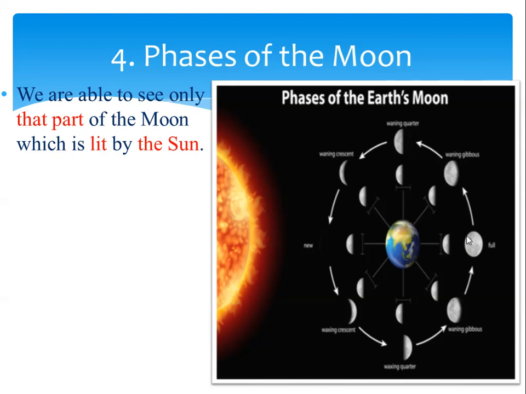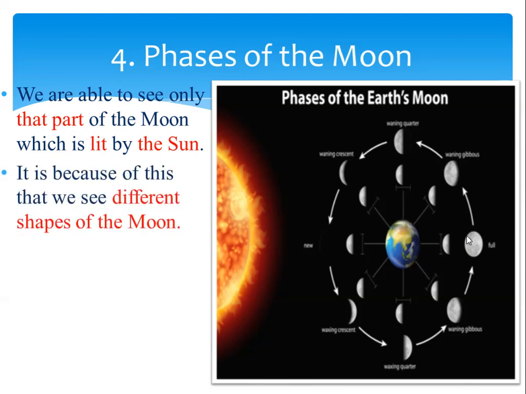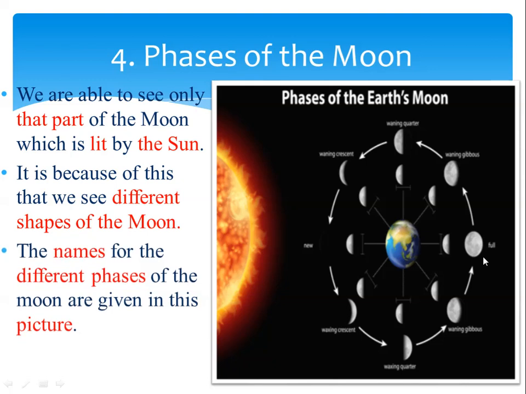You can see the different faces of the moon. It is because of this that we see different shapes of the moon. We can see in this picture the different shapes of the moon. The names for the different faces of the moon are given in this picture. You can see here in front of the sun, that moon is called the new moon.